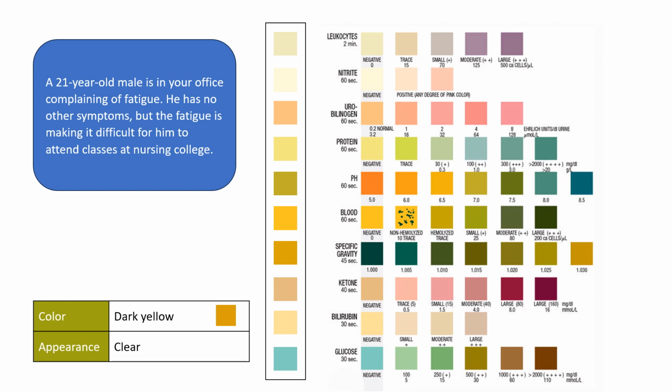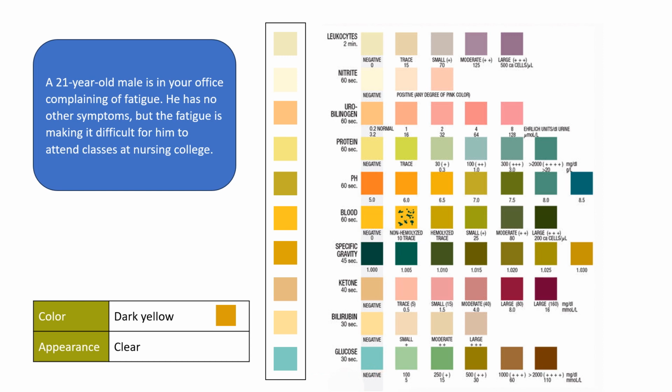Well, we don't notice anything with our white blood cells, so we're not guessing any infection. Urobilinogen looks fine, no protein. pH looks normal, within normal range. No blood. Specific gravity is a little on the high side. Ketones, nope. No bilirubin, no glucose.